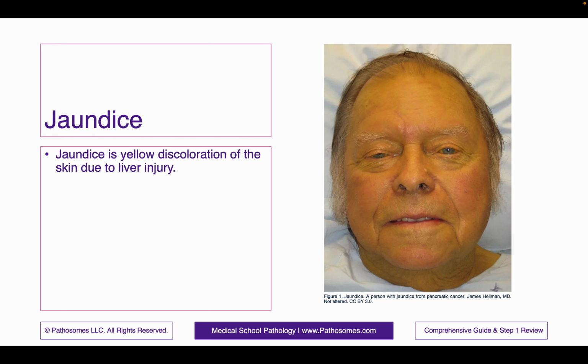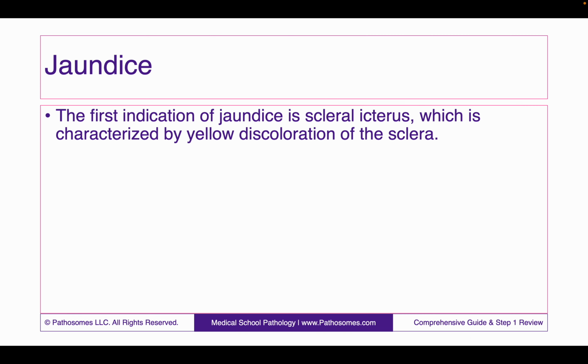Now, jaundice, right? We know that term. Jaundice, the yellow discoloration of the skin due to liver injury. The first indication of jaundice is usually scleral icterus, right? Which is characterized by a yellow discoloration of the sclera.